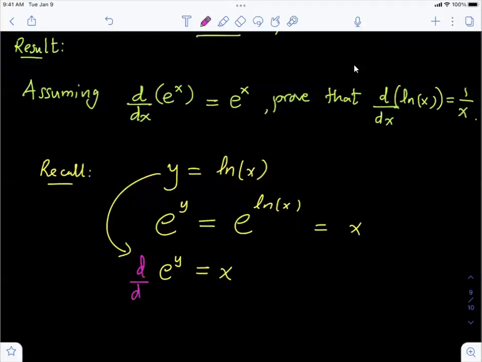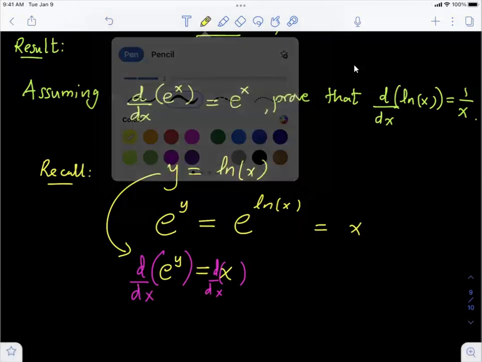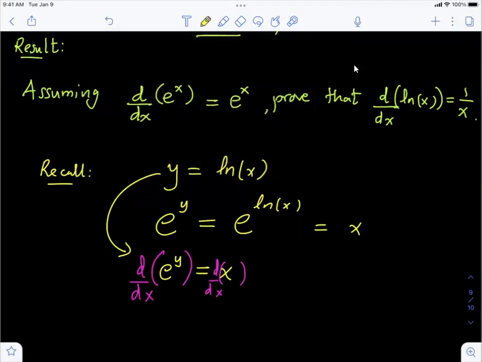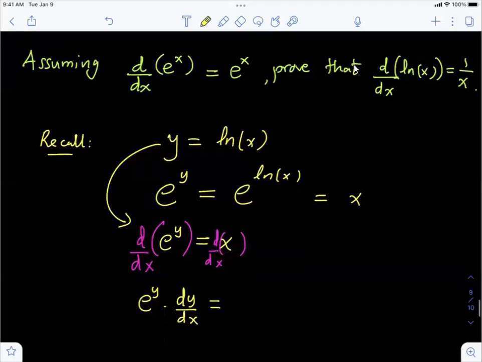The idea of implicit differentiation, just at this step, d by dx. And now when I take the derivative of the left side, don't forget I'm taking the derivative of e to the y, which is already a function of y, and do that process with respect to x. So there's a mismatch of variables. That's what we've been talking about in this entire conversation within the past minutes.